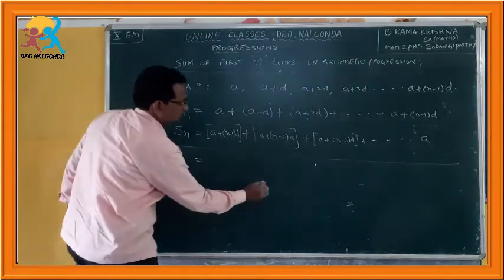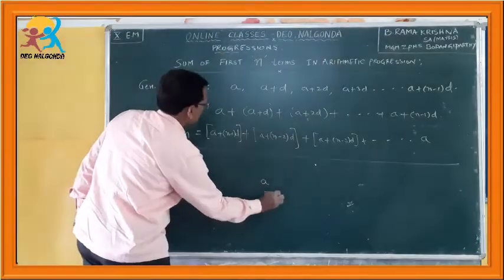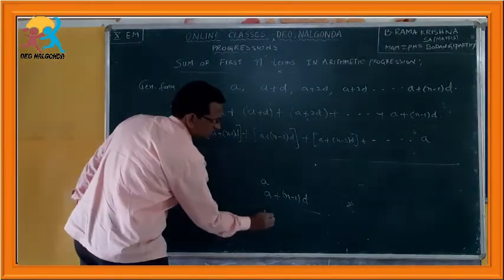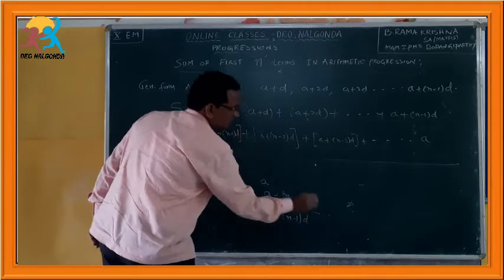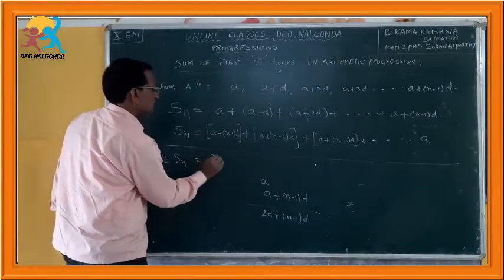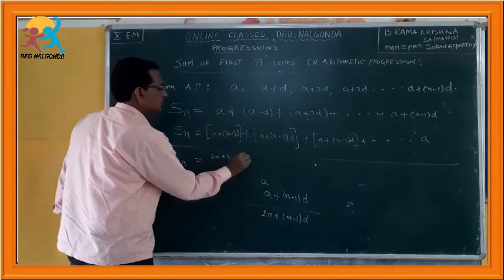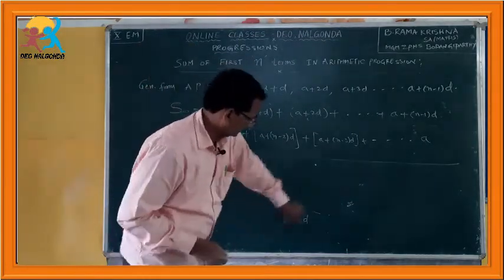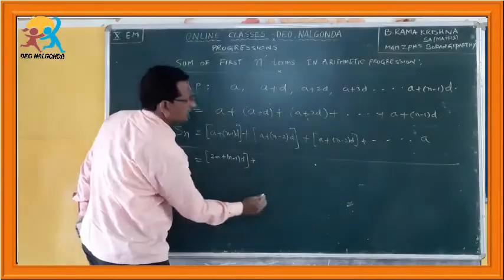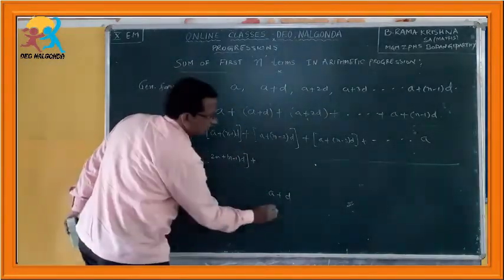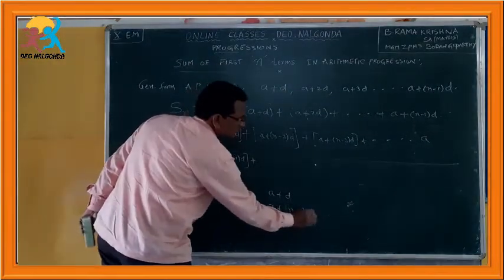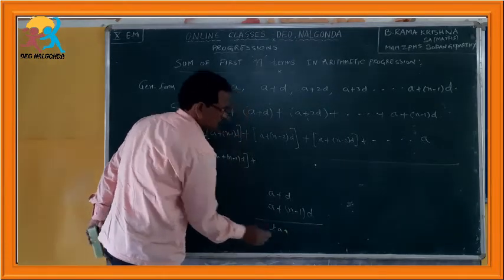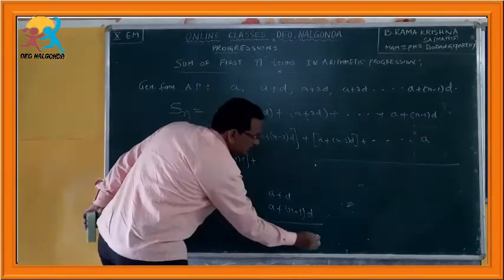So let me do it here for you. a plus a plus n minus 1 into d. If you add these two, a plus a is 2a plus n minus 1 into d. Now what is the sum of the next two? Let me add again. a plus d, and here a plus n minus 2 into d. 2a plus d plus n minus 2 into d. d is common.